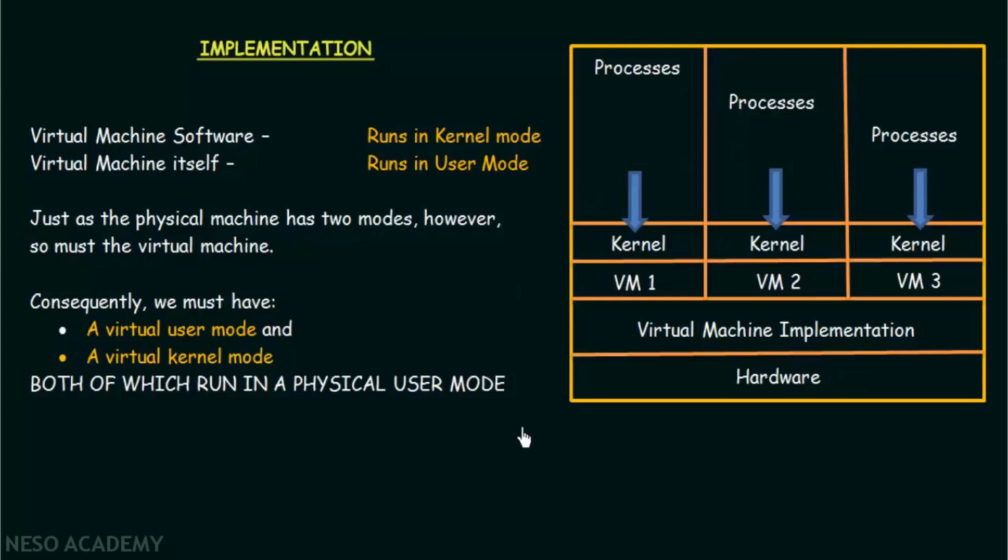Now, if you want to try this, you can also try it on your system. For example, you can download software like VMware or VirtualBox, which allows you to install virtual machines on your system. On that VirtualBox or VMware, you can install different kinds of operating systems and check it out. Let's say that you have the Windows operating system installed on your system.